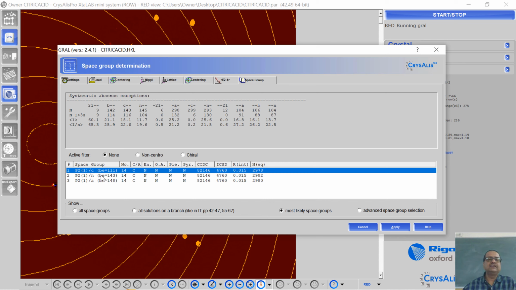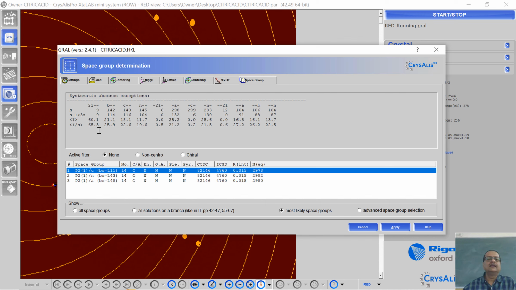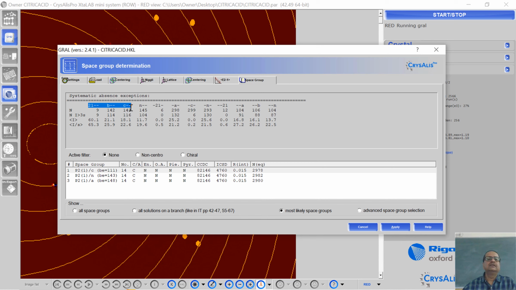Options are P21 by C, P21 by N and P21 by A. So now you look at the statistics of the reflections based on all that for x-axis, y-axis and z-axis.